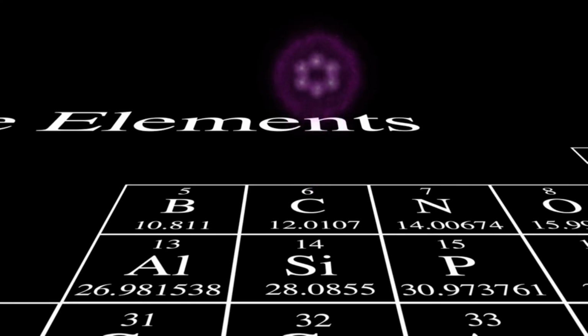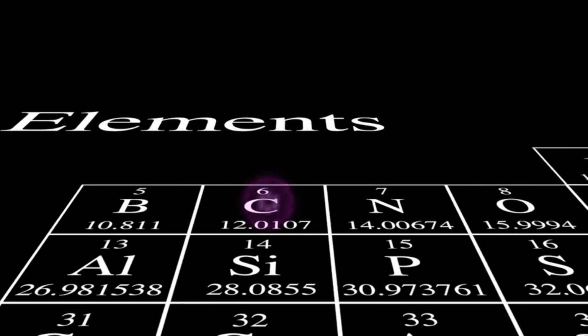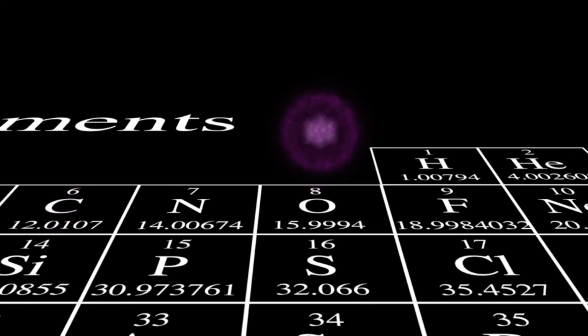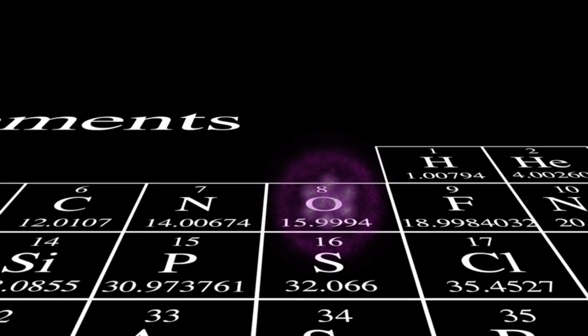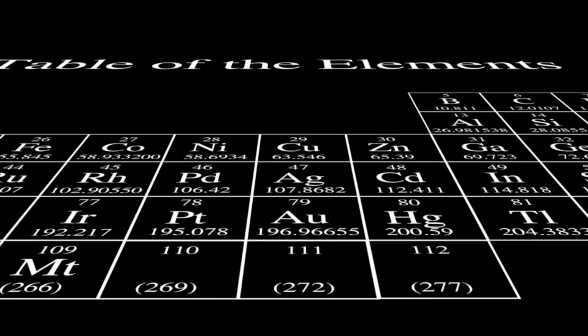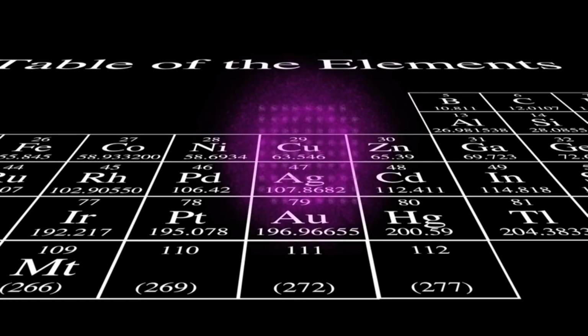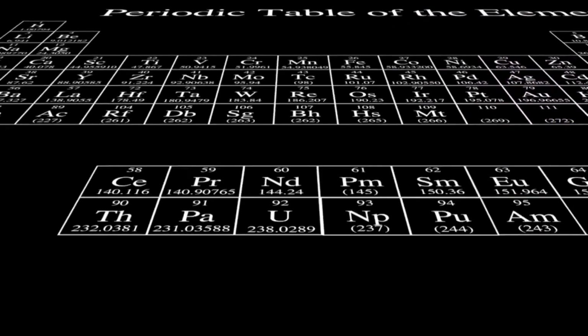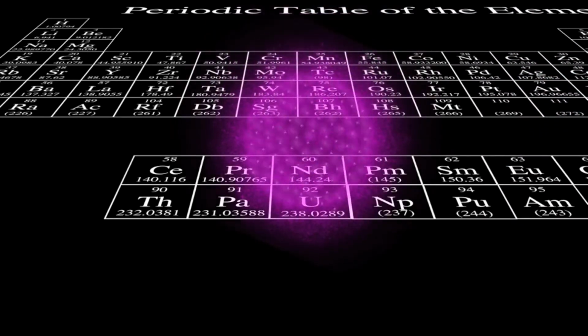Carbon has 6. Oxygen, 8. Gold has 79. And uranium has 92.